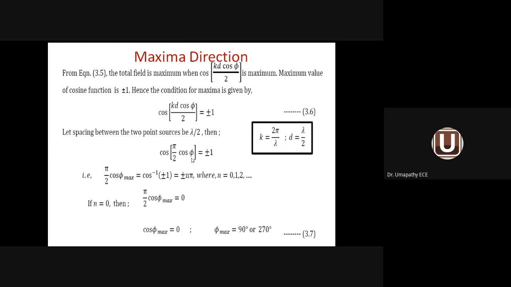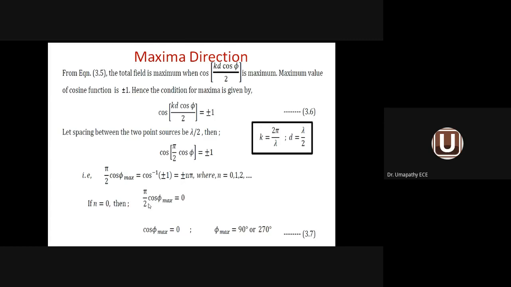I want phi maximum because it is the maxima direction. To find out phi maximum, this cos goes to that side. So cos inverse of plus or minus 1 equals plus or minus n pi, where n equal to 0, 1, 2. I'm substituting n equal to 0 in the above equation.